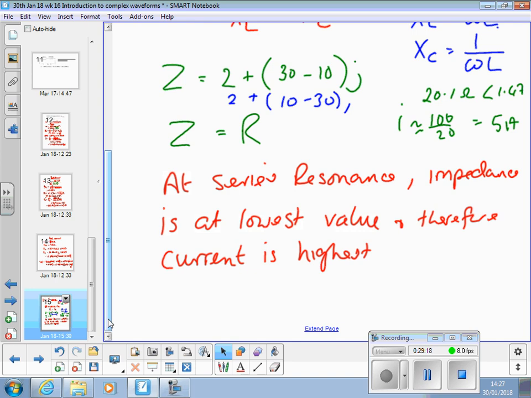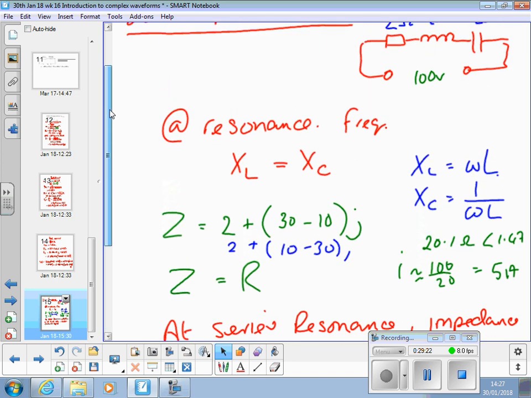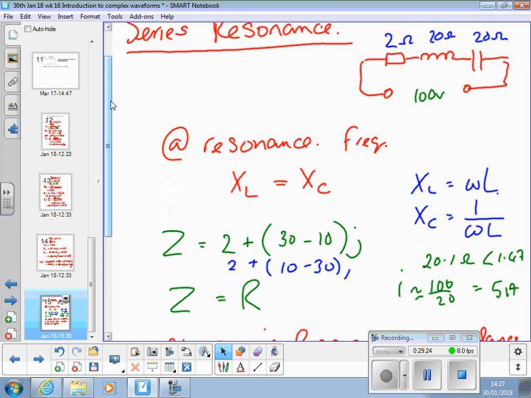Now the other thing is, if we've got this 50 amps at resonance flowing through, I won't worry about angles at the moment, 50 amps through 20 ohms, what voltage does that give us? Magnitude.